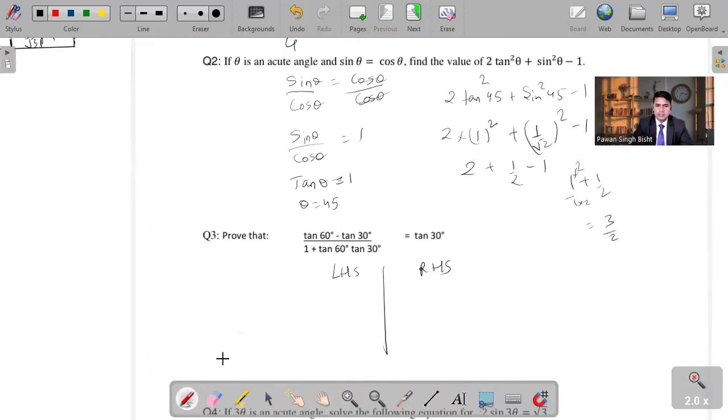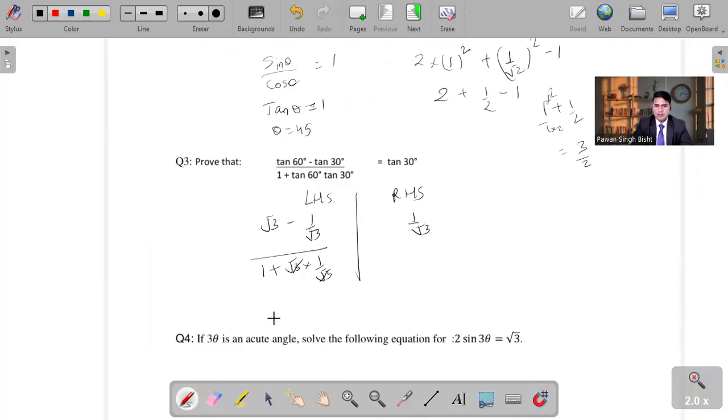So tan 60 is root 3 minus 1 upon root 3, over 1 plus tan 60 is root 3 and tan 30 is 1 upon root 3. And the right-hand side is tan 30, which is 1 upon root 3. Now root 3 got cancelled. What am I getting?